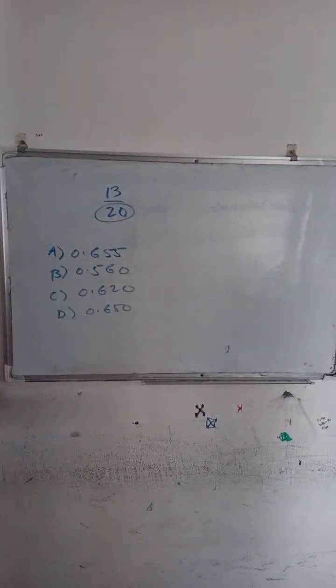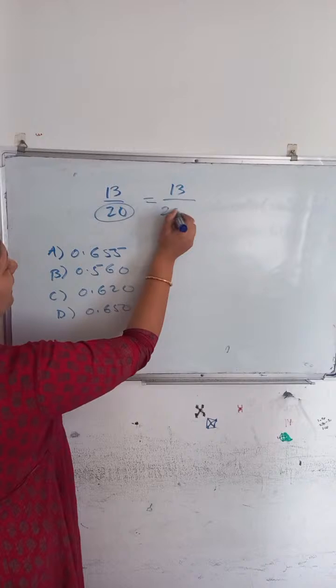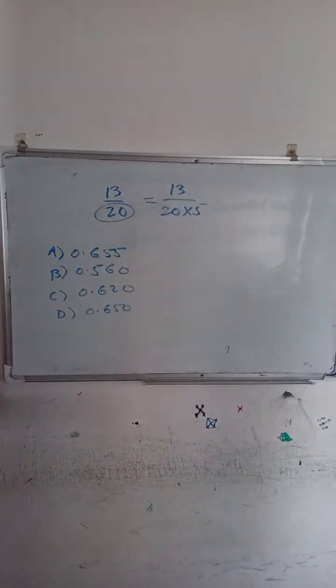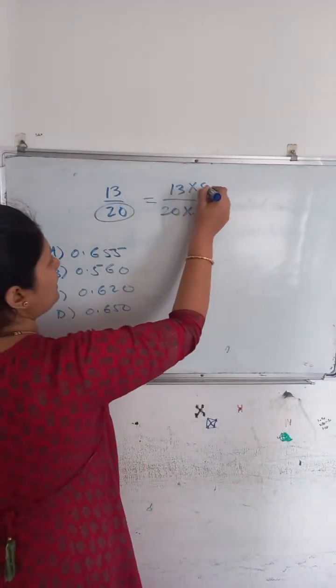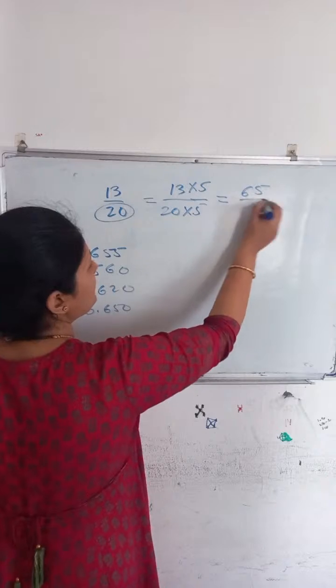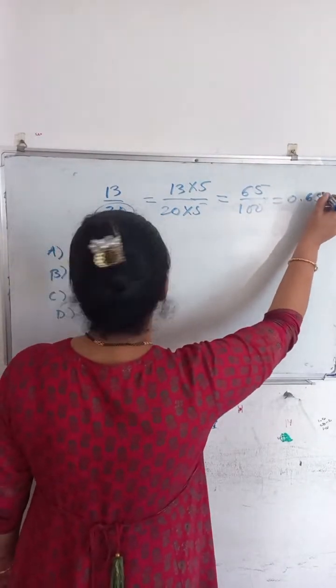Automatically you get the decimal number. So here 13 by 20, if I multiply by 5, then 20 fives are 100. The same number you have to multiply in the numerator. So 13 fives are 65 by 100. That is 0.65.